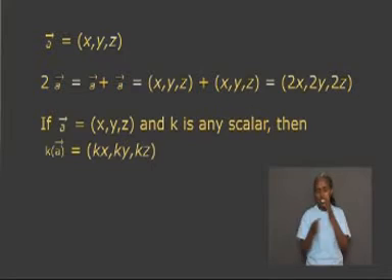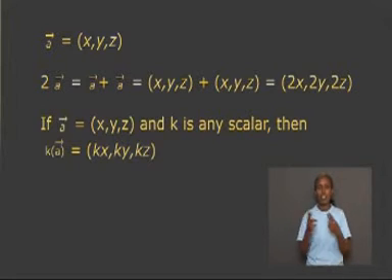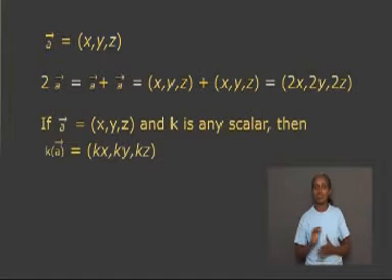If vector A at coordinates x, y, z is any vector and k is any scalar, then k times vector A will have its coordinates at kx, ky, and kz.